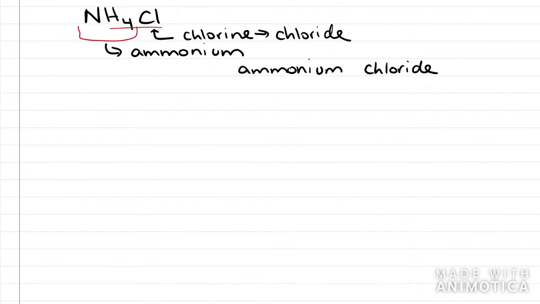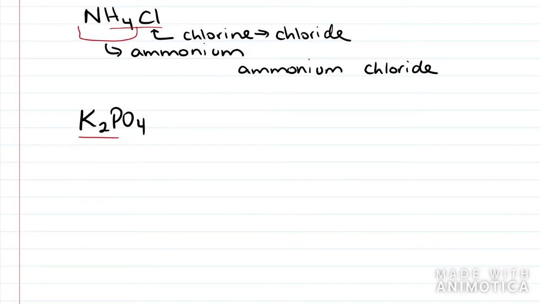Okay, let's try another one. So again, I have three capitals here, capital K, capital P, capital O. Well, we need to figure out where our polyatomic is. Is it K2P?